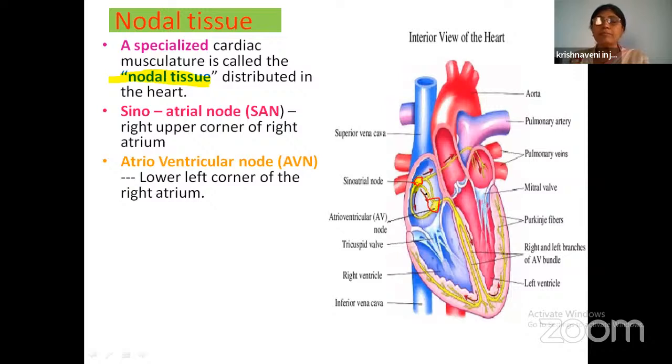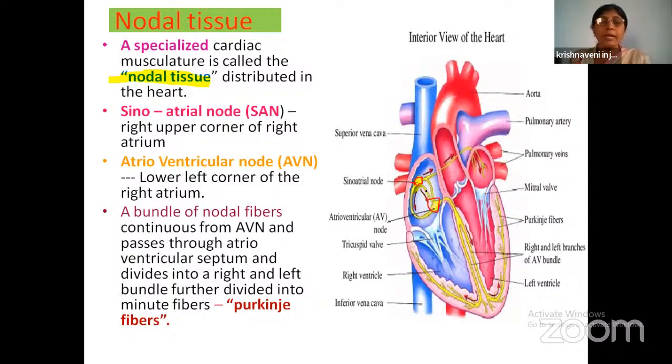This is the right atrium. This is the right upper corner, this is the lower left corner. This is the sinoatrial node. This is the atrioventricular node because it is very near to the ventricle. That is why it is the atrioventricular node. These are the special tissues of the heart.